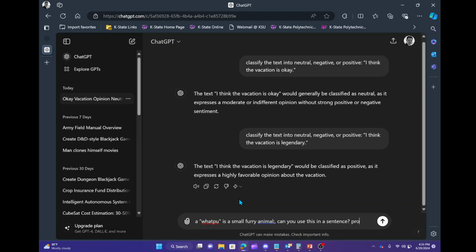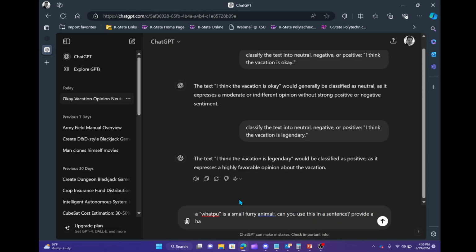I'm going to say provide a habitat, because this is what makes this interesting about these models, is that with these large language models, you can actually have it go pretty far and get pretty creative.